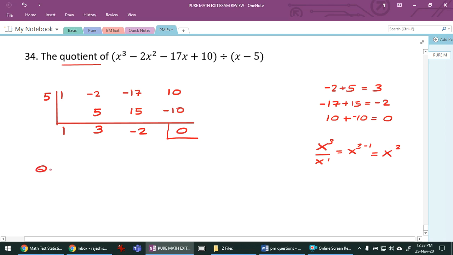So the quotient is 1 x power 2 plus 3x minus 2. Also you can write, no need to write 1, just x square plus 3x minus 2. So how did you get these numbers? Here it is 1, here it is 3 and here you have minus 2.